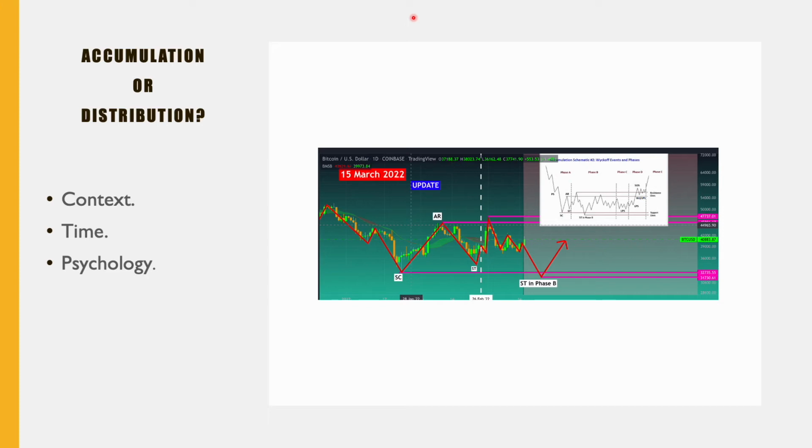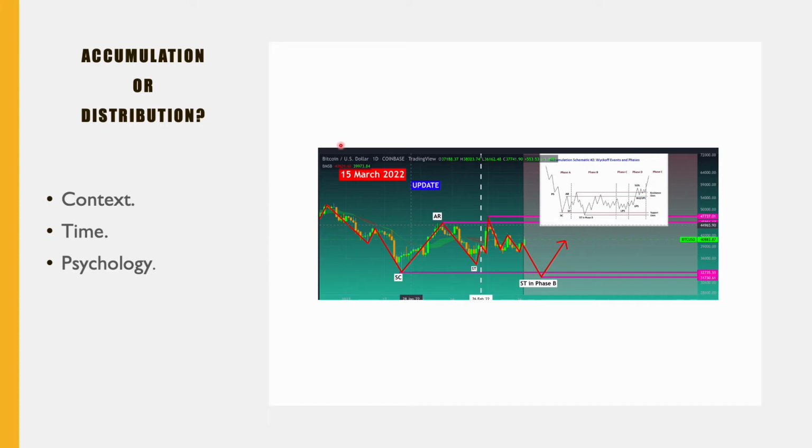And there are 3 or 4 guidelines that I can give you. The first guideline is context. When you decide if a chart pattern in front of you is accumulation or distribution, ask yourself, where are we in the business cycle? For example, the Bitcoin 4-year cycle gives us a rough outline. We know that we can expect at least 1 year of a bear market, 2 years of accumulation, and 1 year of a bull market. Roughly.